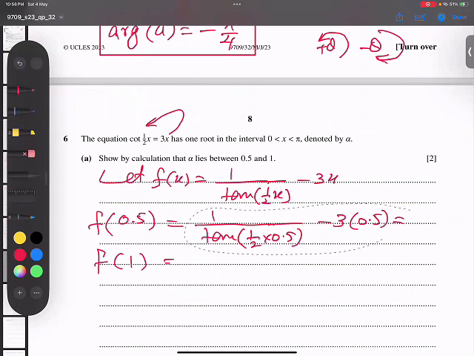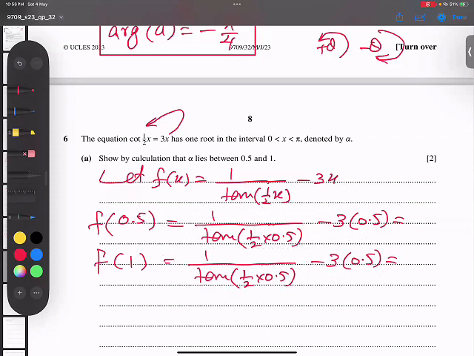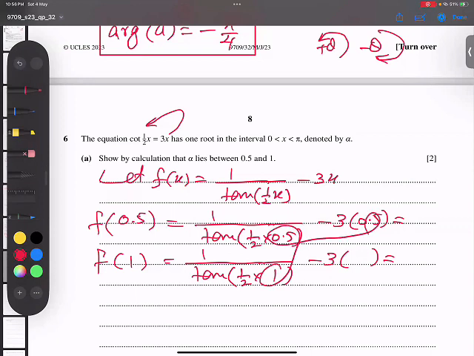So one time plug in positive 0.5, and one time I will plug in 1. Now students, I will type this in the calculator, but make sure it is in radian mode. So half into 0.5, 3 times 0.5.